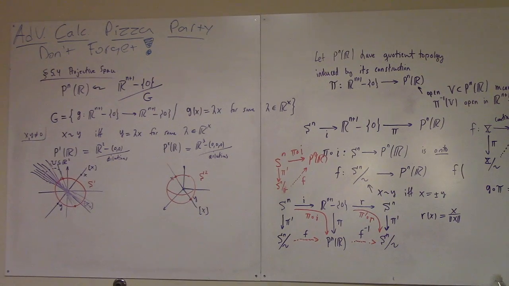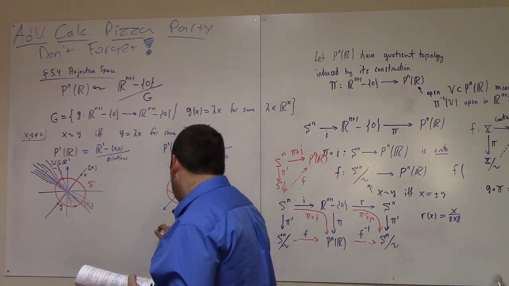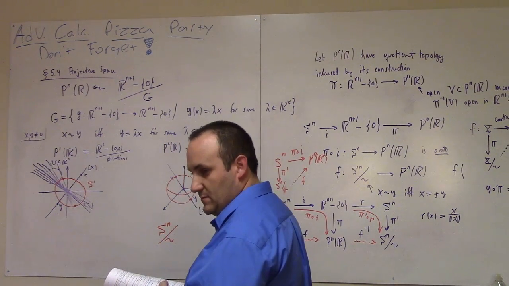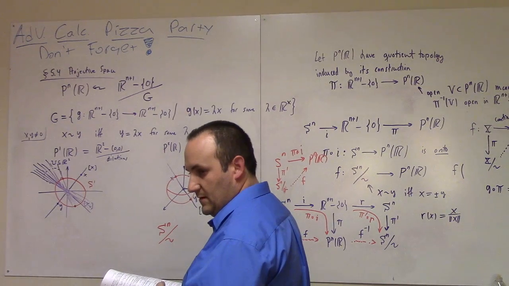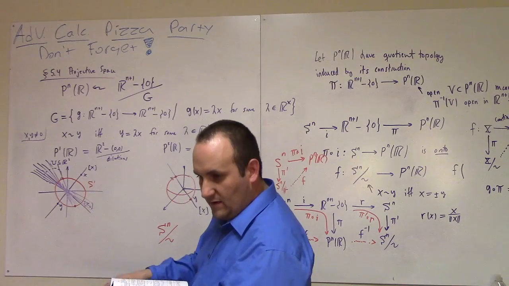Okay, so more to the point, let's get past this initial stuff. Because Sn mod the antipodal equivalence is what? Here's what I was mentioning to you guys earlier. Think about the homeomorphisms on the n-sphere. You have inversion, x goes to minus x.